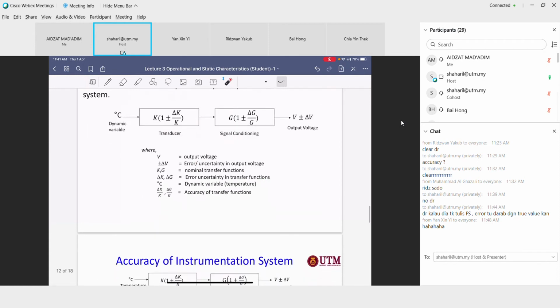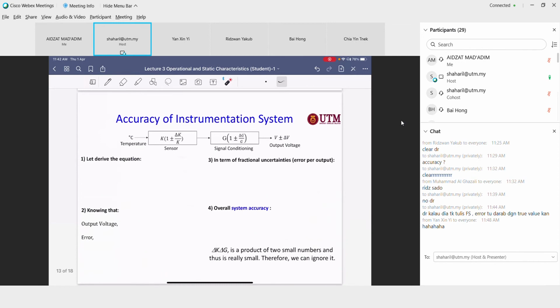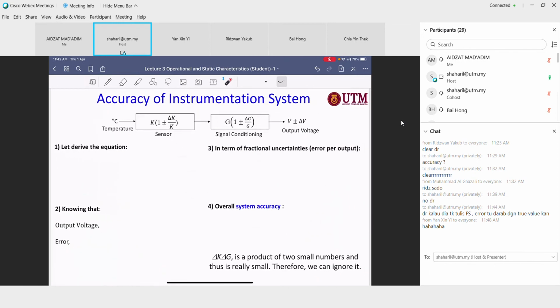For example, your transducer detects a degree, which is a dynamic variable, since the temperature will change over time, and the output of your instrumentation will be in terms of voltage. So you detect the degree and you get the voltage. Your instrumentation has the transducer and also signal conditioning. So how do we get the overall accuracy? We need to do some calculation here.